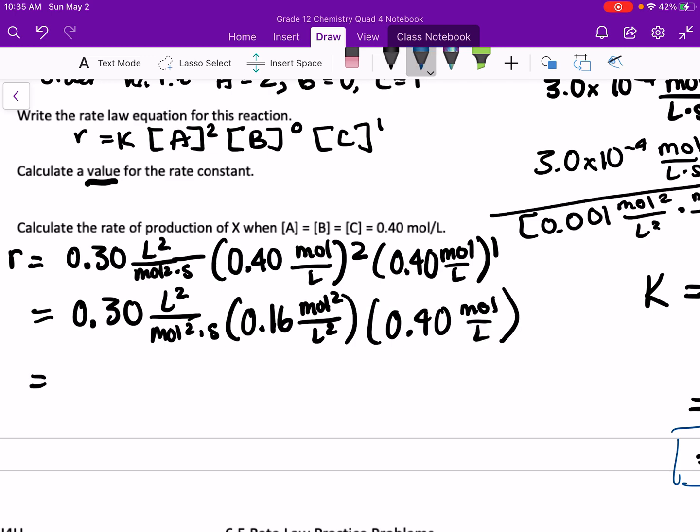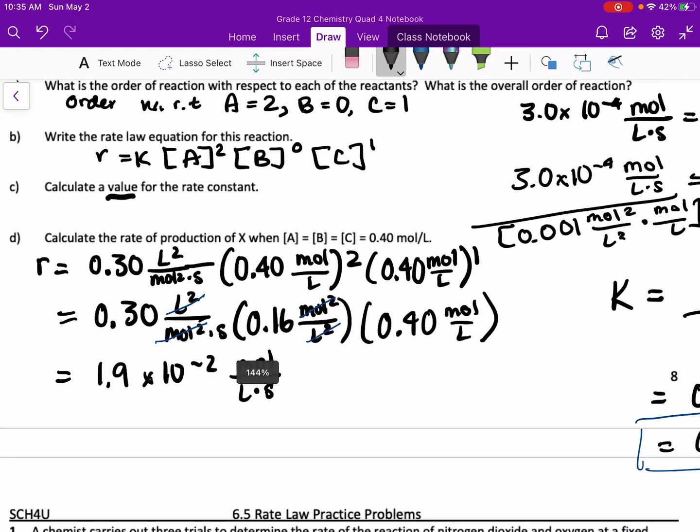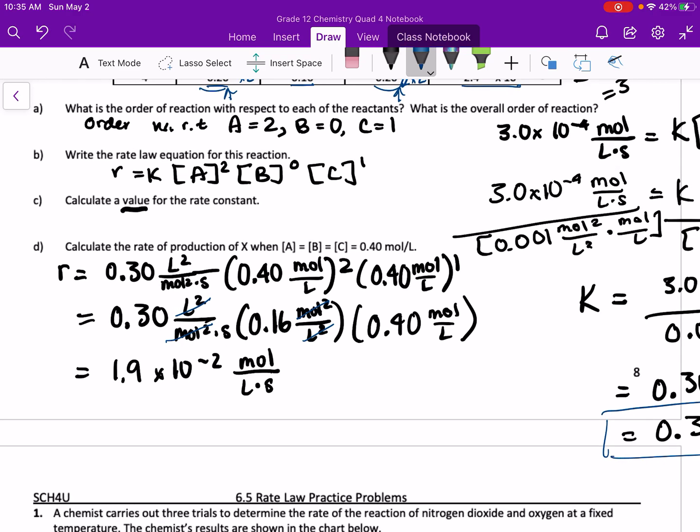Now we're able to cross out our liters squared, our moles squared, and we're left with an answer of 1.9 times 10 to the negative 2 mole per liter seconds. This is our final answer.